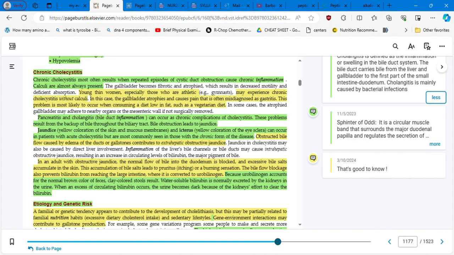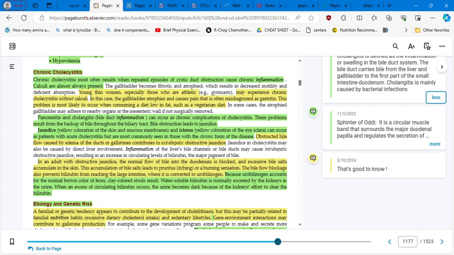It most often happens when repeated episodes of cystic duct obstruction cause chronic inflammation, and calculi are almost always present. So this is a patient that had gallstones, right?